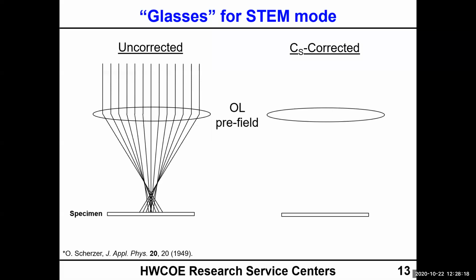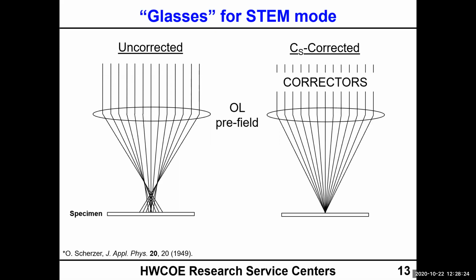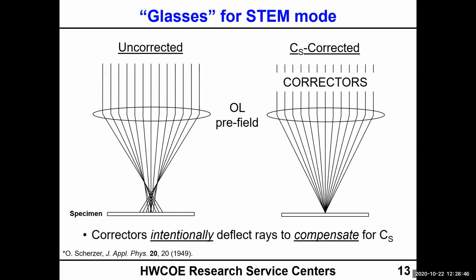We have an uncorrected scenario here. Then we add in the correctors, and we get this, okay? So again, it's like I put the appropriate lens, if you will, or they're not technically lenses, they're called correctors, but I put the correctors up there, and then when my electrons go through the corrector, and then they go through the lens, the effect is that I get the rays to focus to the same point.